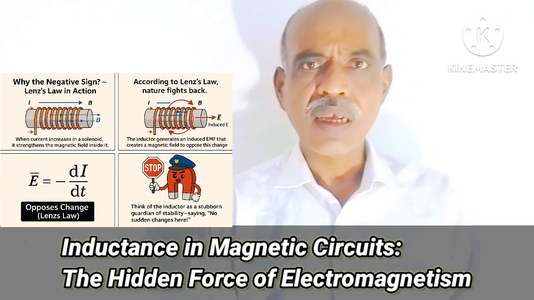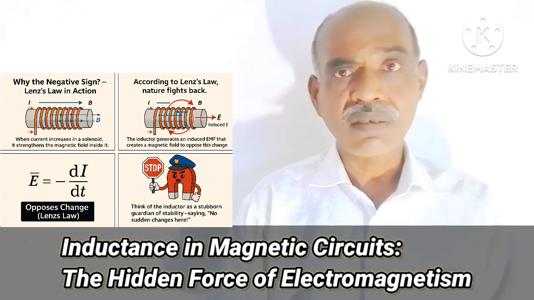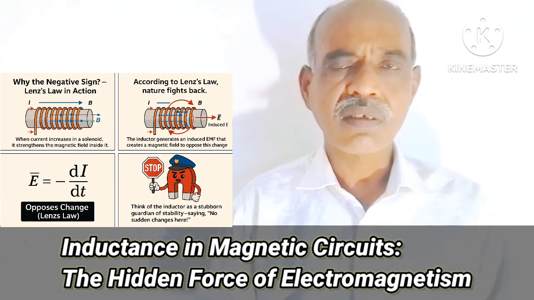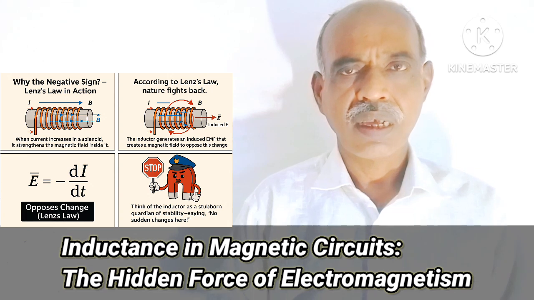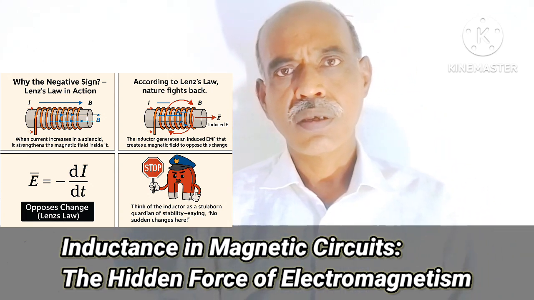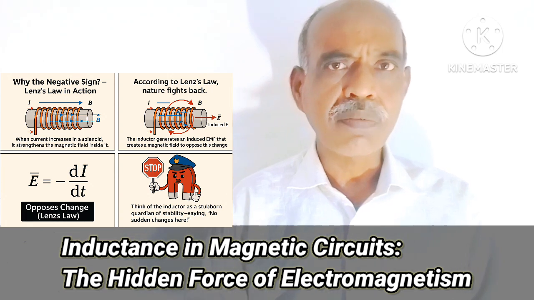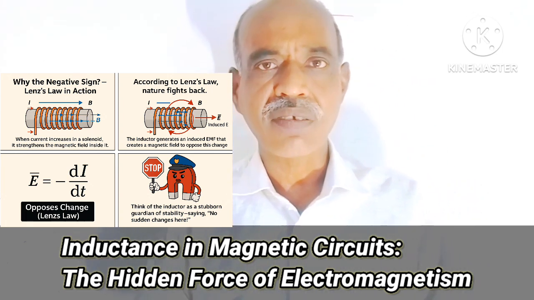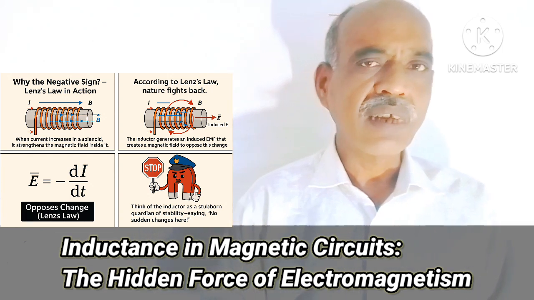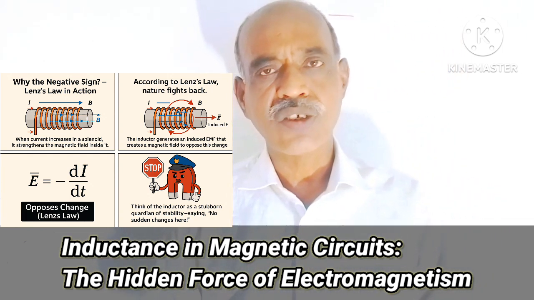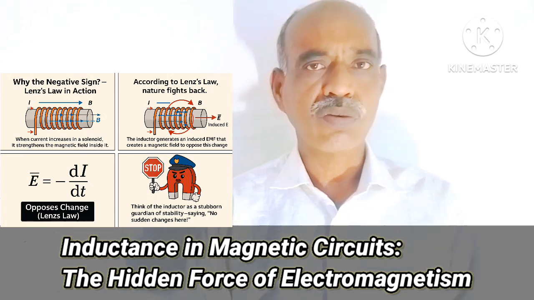Inductance is defined that way, not EMF, sorry. This term N phi, the product of N and phi, is called magnetic flux linkage. That means inductance is defined as the ratio of magnetic flux linkage to the current passing through it.